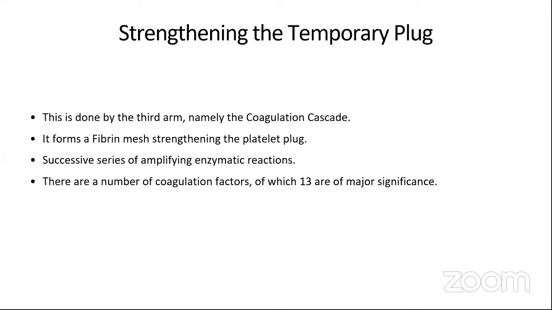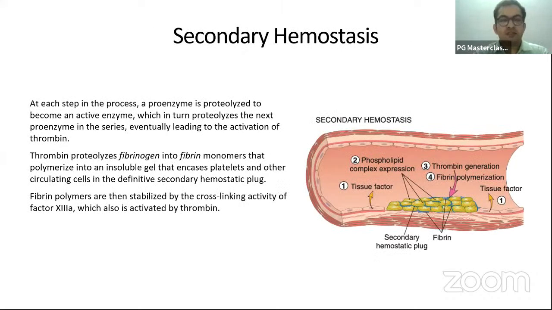Yes, okay, ma'am. Now, once the primary plug is formed, the coagulation cascade begins. The endothelial cells release various factors which cause release of these coagulation factors, which are basically proenzymes that become active enzymes, and they keep continuing this process until there is activation of thrombin.